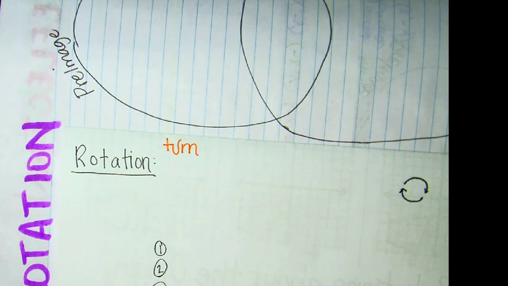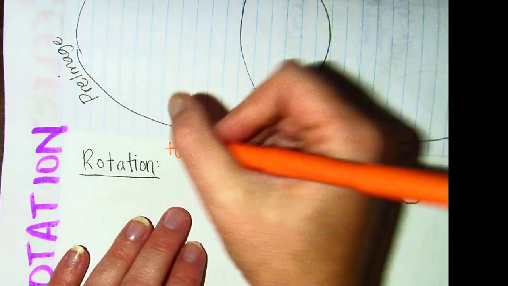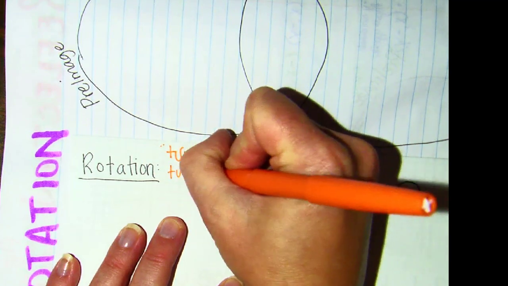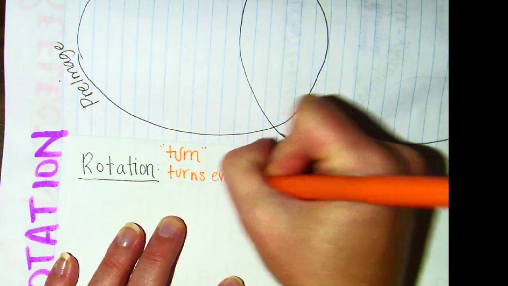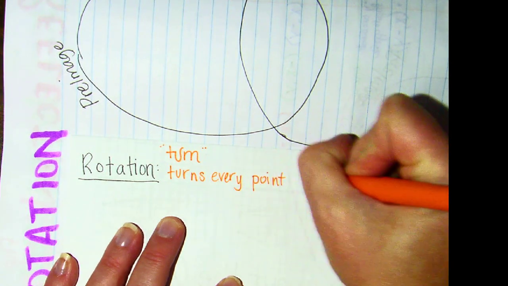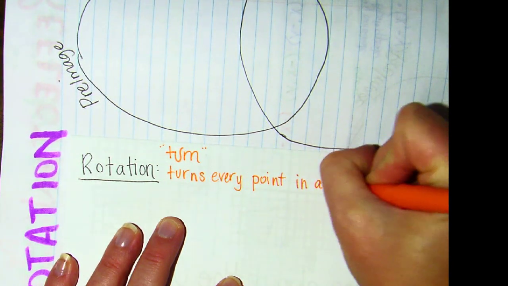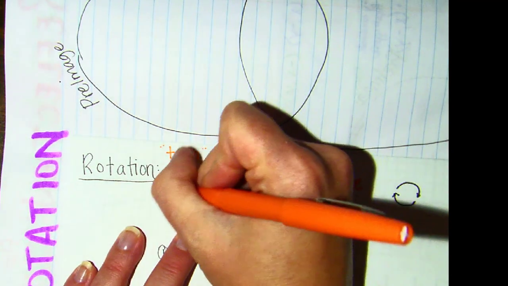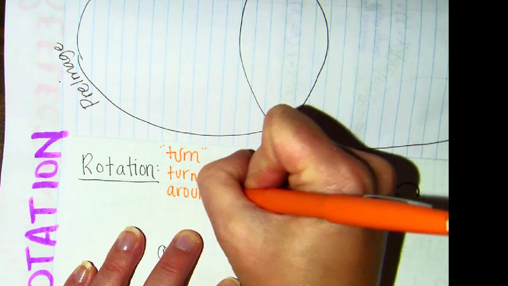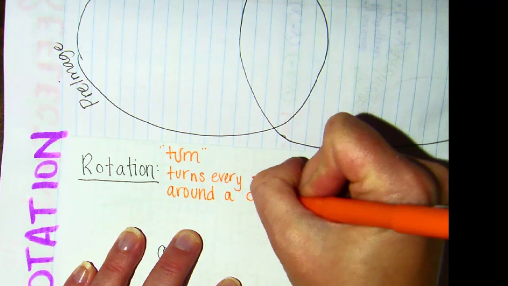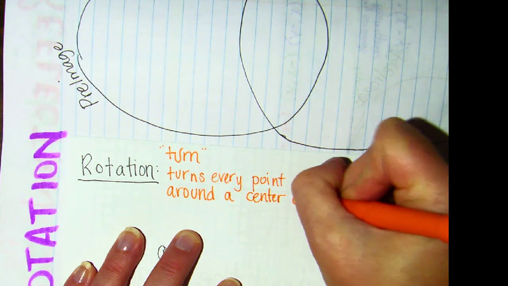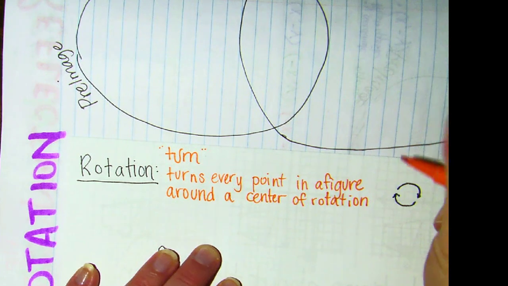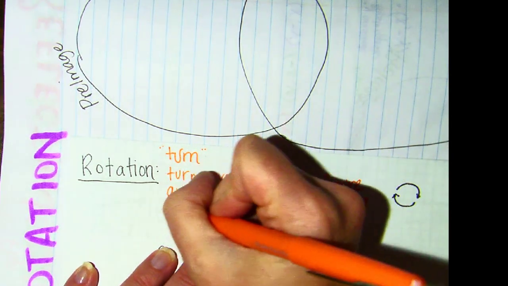And what a rotation does is that it turns every point in a figure around a center of rotation for a certain amount of degrees.